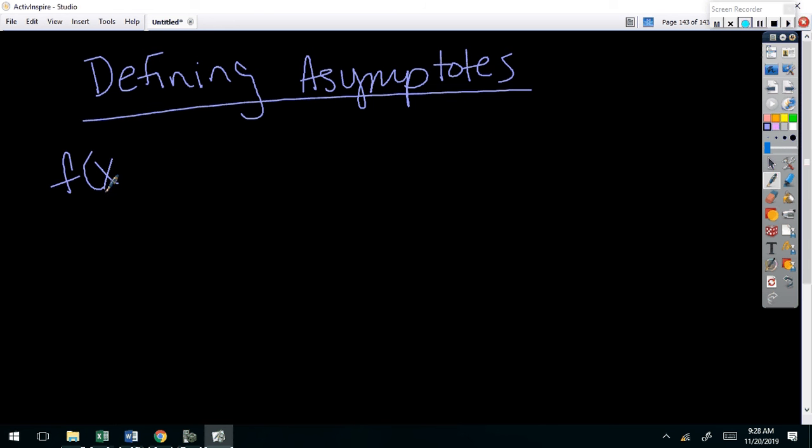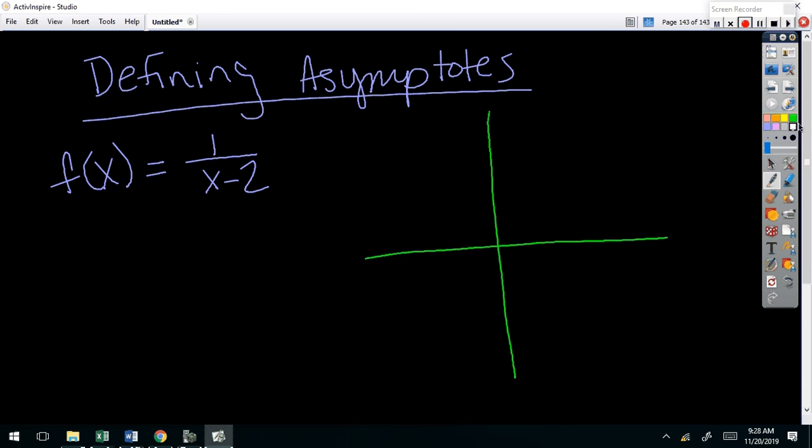Let's say I have f of x equals 1 over x minus 2. As far as asymptotes go, tell me what you know. Is it top heavy, bottom heavy, or equal? It's bottom heavy, right? So it's y equals 0. You're exactly right. Are there any vertical asymptotes?